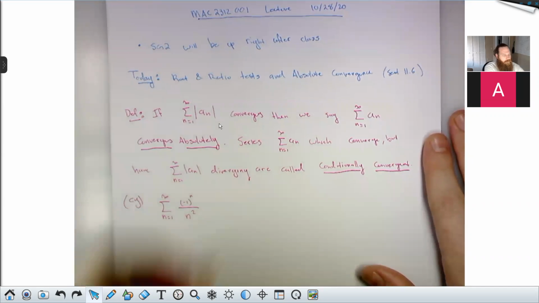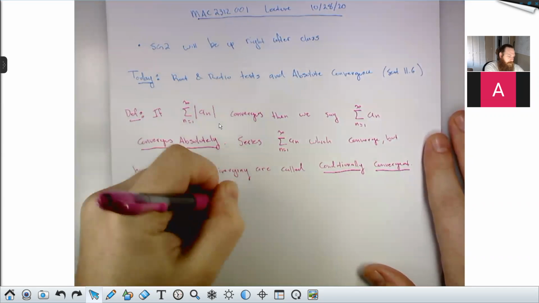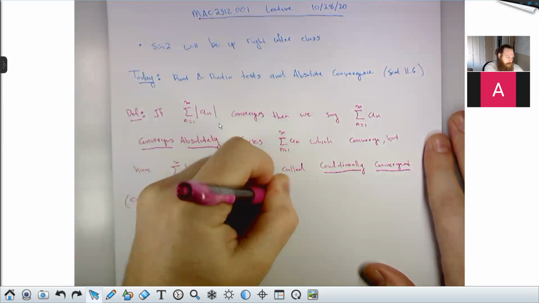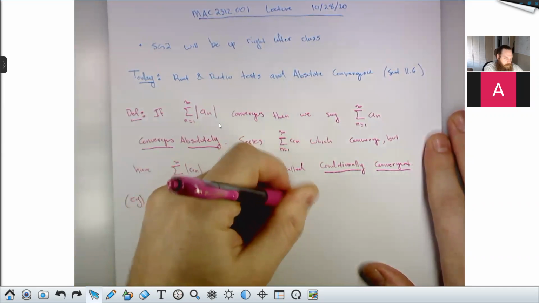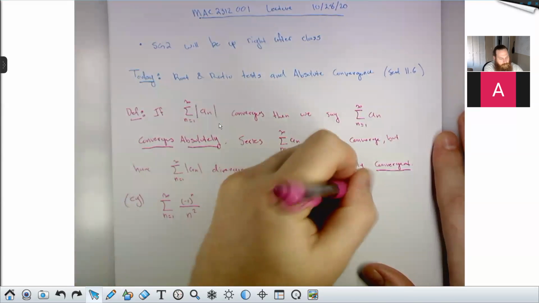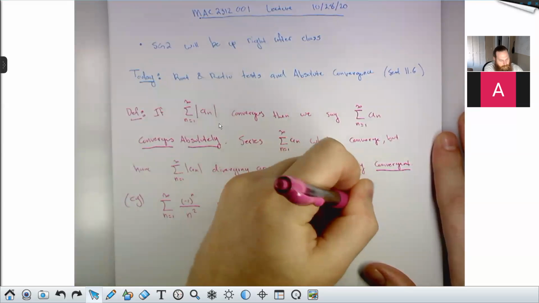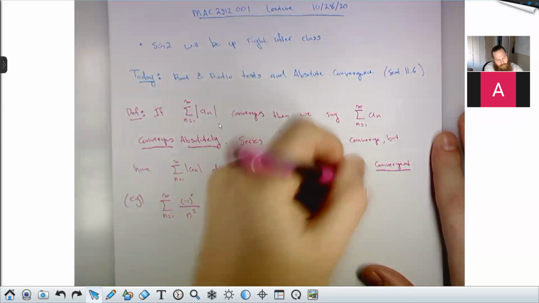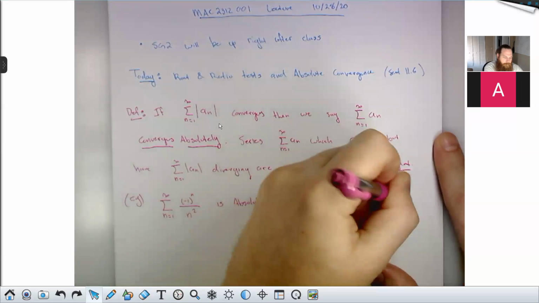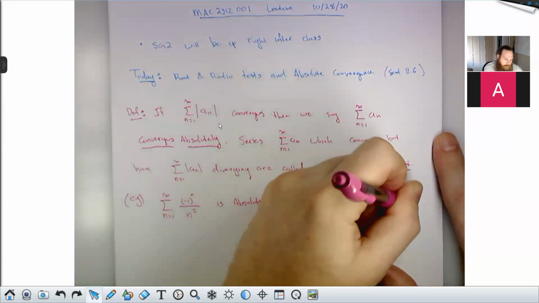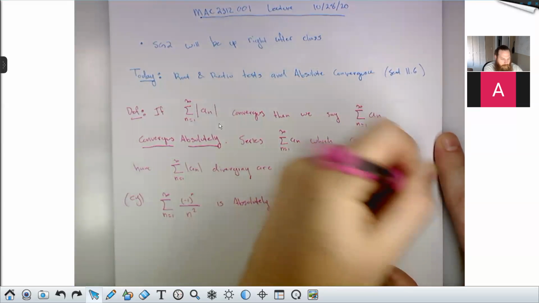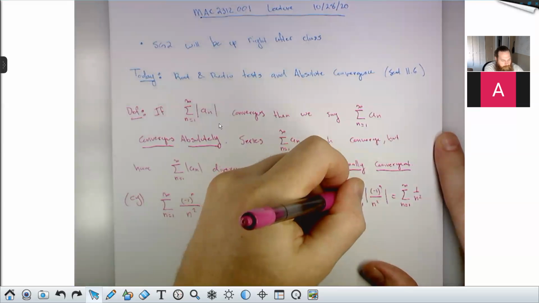This series is absolutely convergent. Because if I take absolute values inside, I get a convergent p-series.